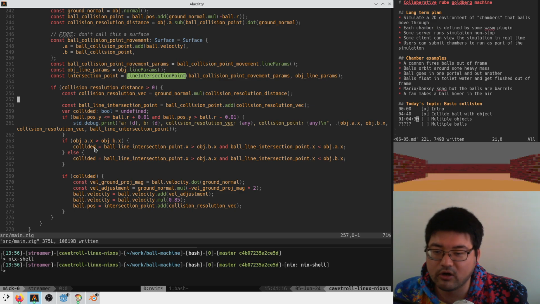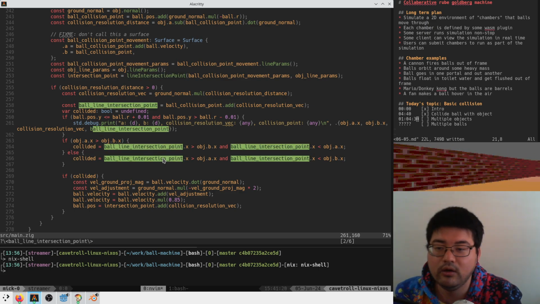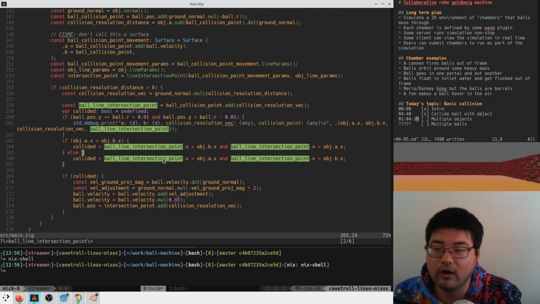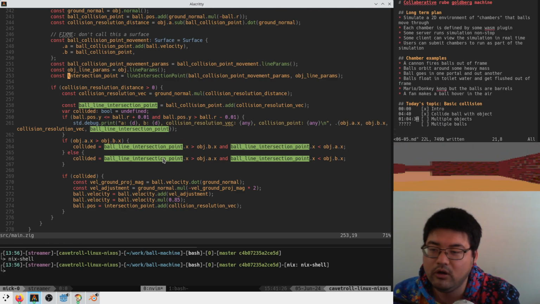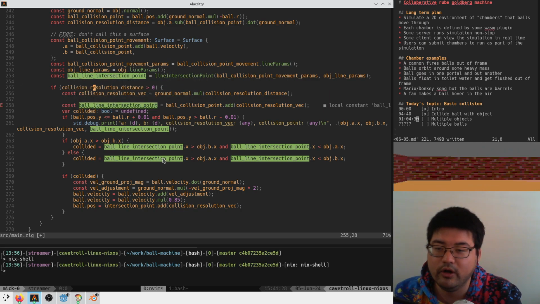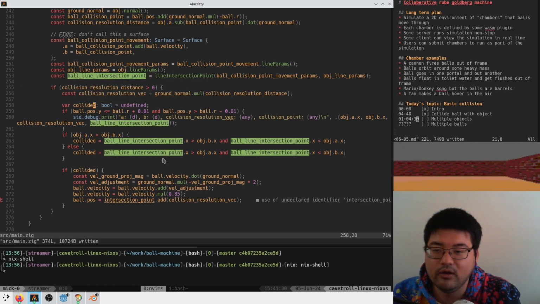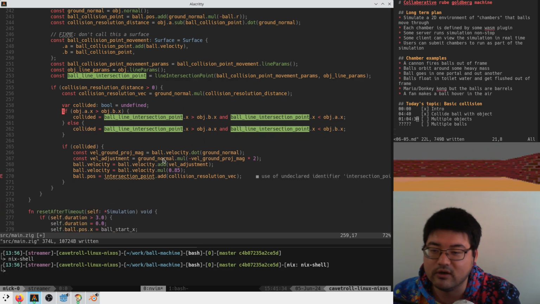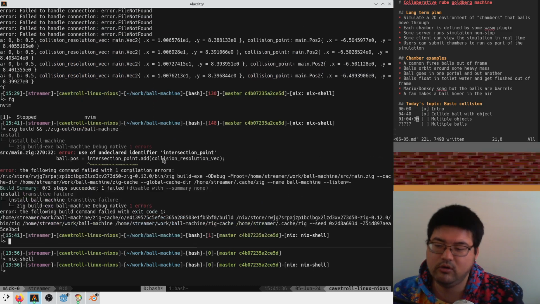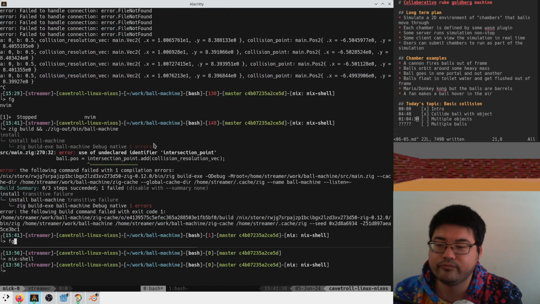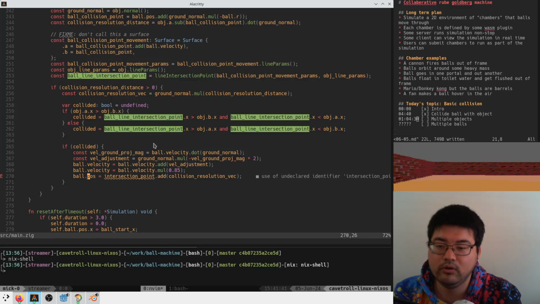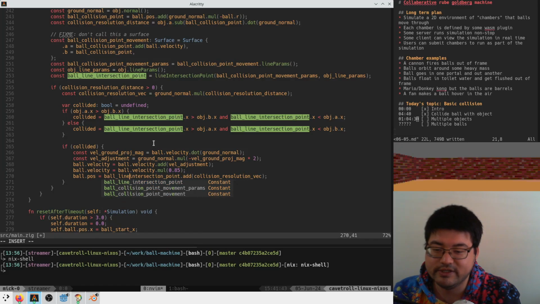And then we just have to check our collided thing is now going to be our... Oh, we already have this. Ball line intersection point. And we just don't calculate this here. Yeah, and we don't have to log this either. Maybe. Let's see what that does.